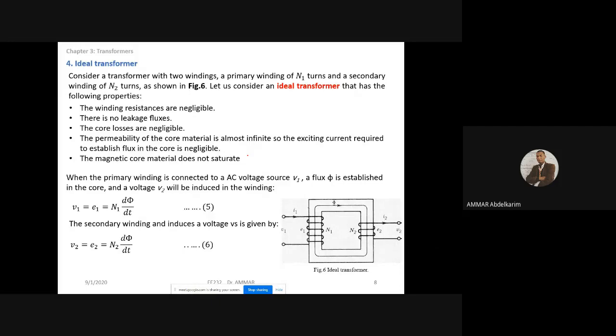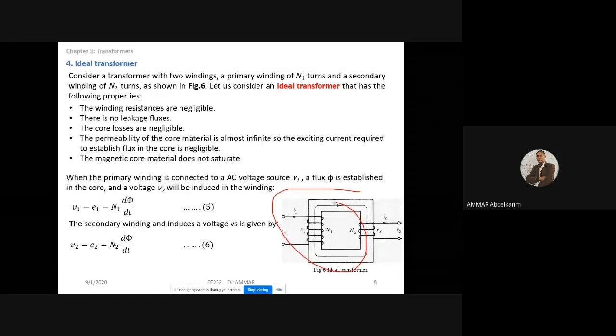Then when we pass to the real transformer, things will not seem complicated. So consider the transformer with two windings, primary of N1 turns and secondary winding of N2 turns, as shown in figure number 6 here.